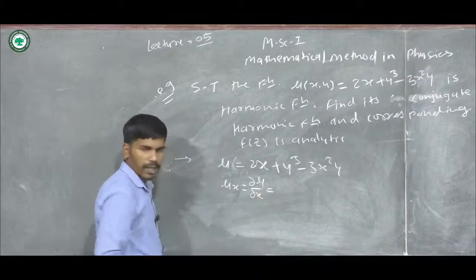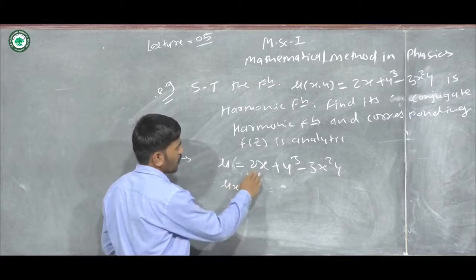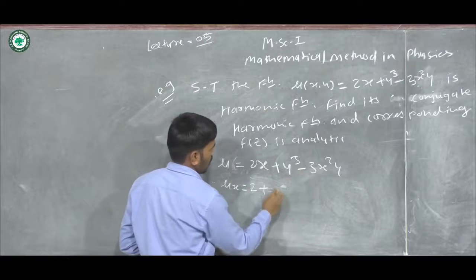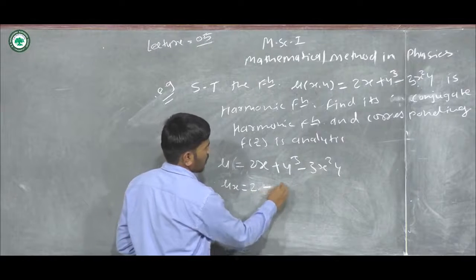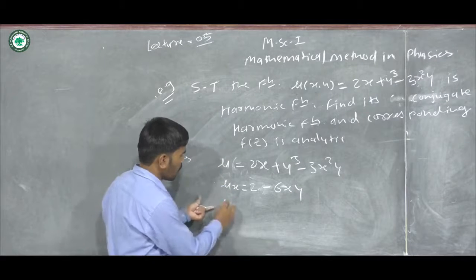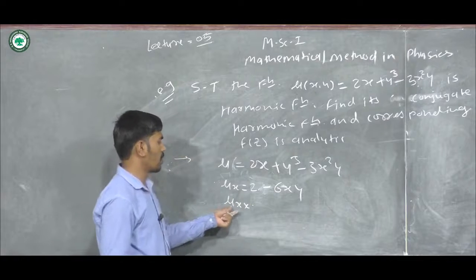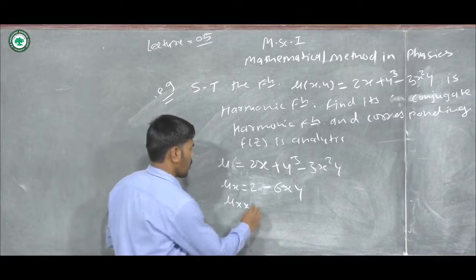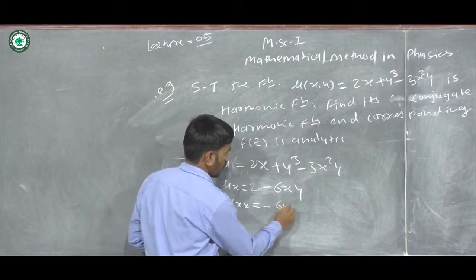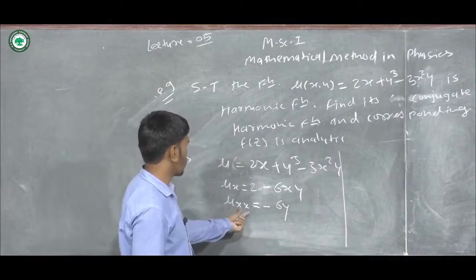If we differentiate with respect to x, it is 2 minus 6x into y. And if we differentiate a second time, that is u x x, the double derivative of u with respect to x, we get minus 6y.